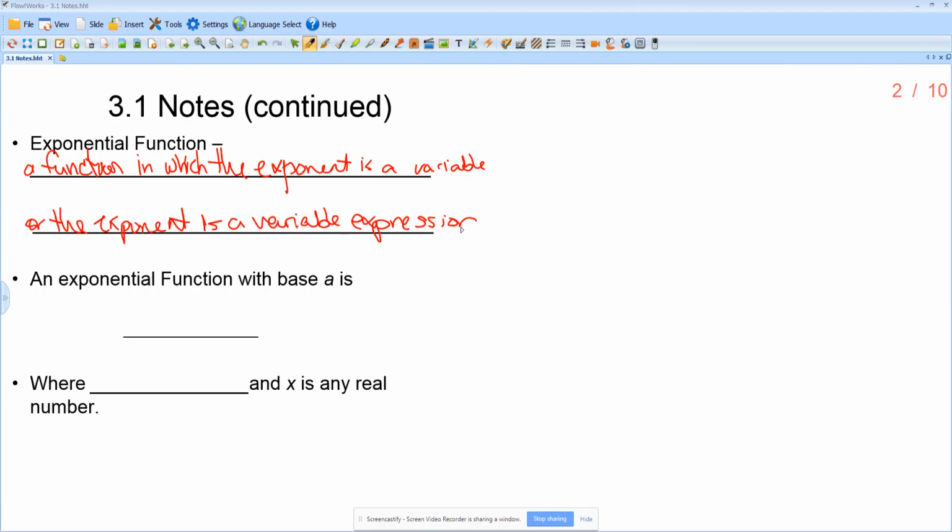So anytime I have something where x, for instance, is in the exponent, that is an exponential function. An exponential function with base a is written as f of x equals a to the power of x, where a must be positive and a cannot be equal to 1, because if I had 1 to some power, I'm just going to keep getting 1.